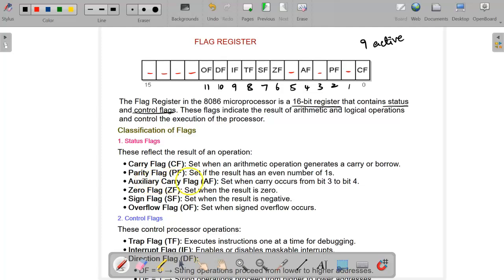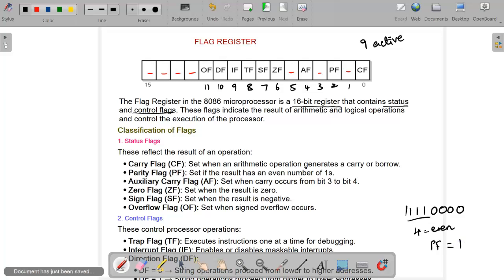The next flag is the parity flag, set whenever the result has an even number of ones. For example, if I have a value like this, how many ones are there? 4. 4 is an even number, so PF is equal to 1.